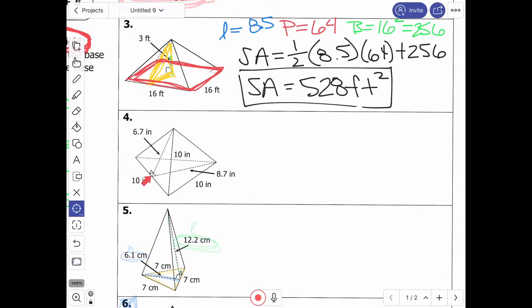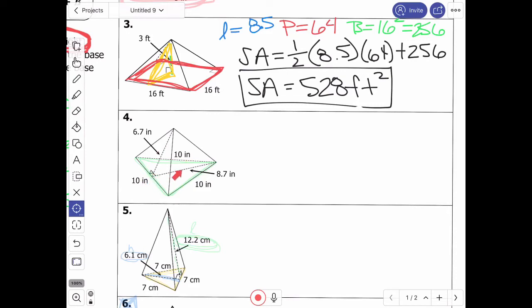So right away I see this is 10 inches, this is 10 inches, and this is 10 inches. So I'm going to highlight this as my base. And when I look at that base, now I'm going to see what dotted line is going from my base to the apex of the pyramid, so the top of the pyramid. Well, that has to be this line here, okay?